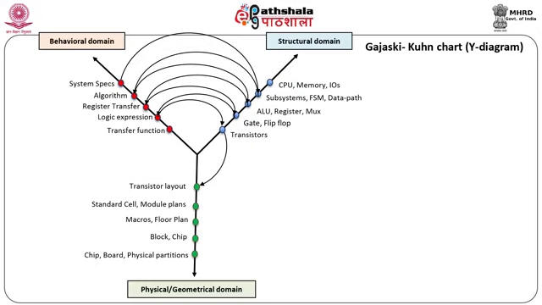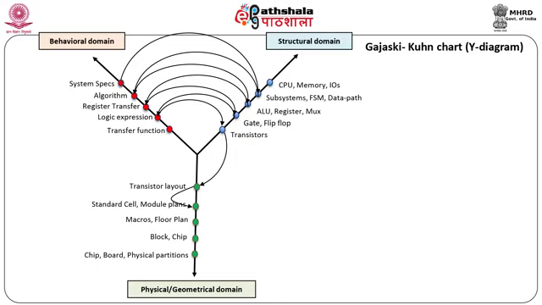Now, the designer can follow bottom up approach in physical domain. As a starting point, the circuit is fully specified at the bottom of structural level and the layout is specified in the bottom to top approach, where transistors are grouped to form cells.